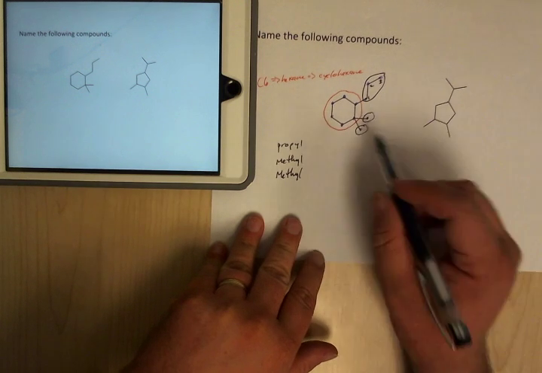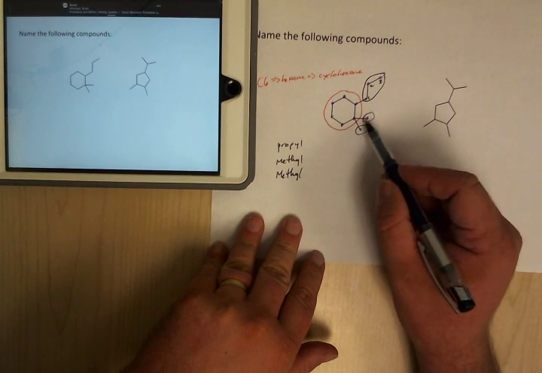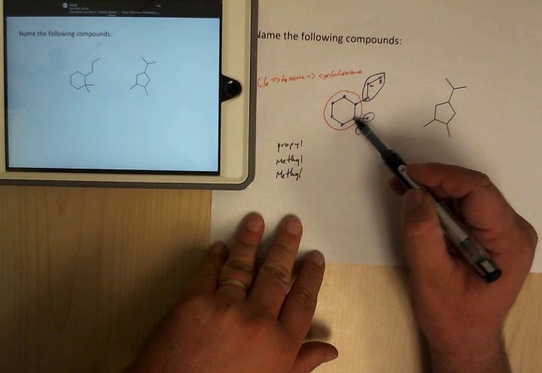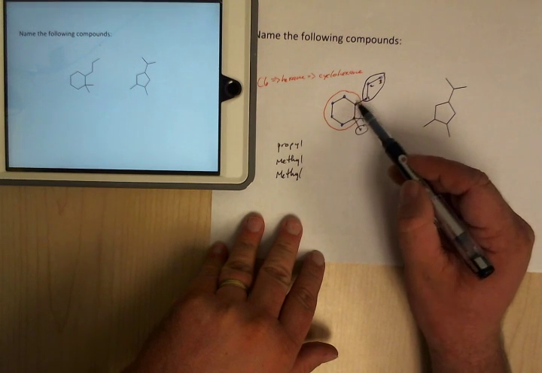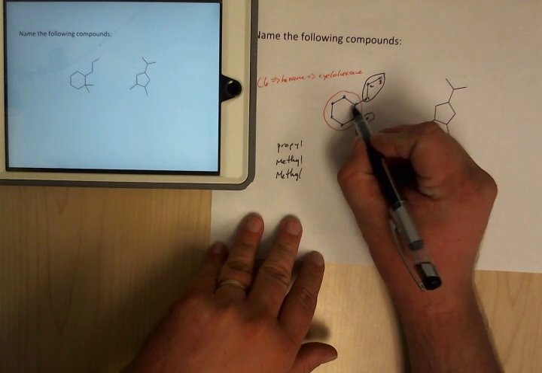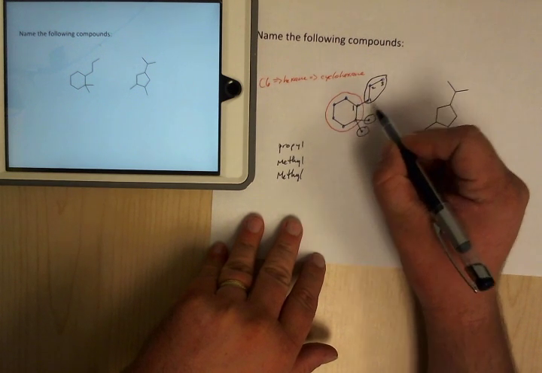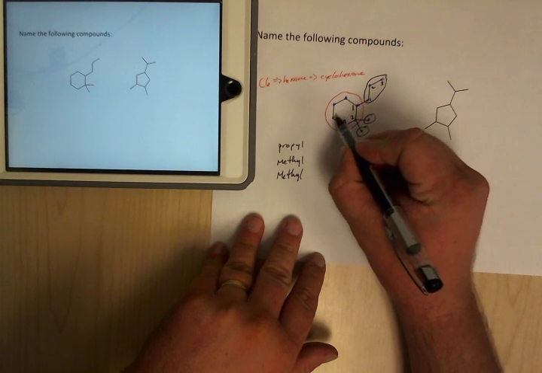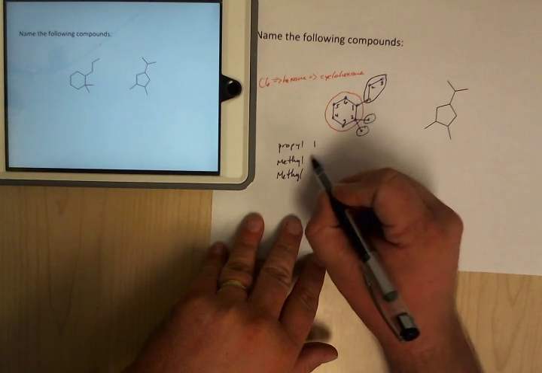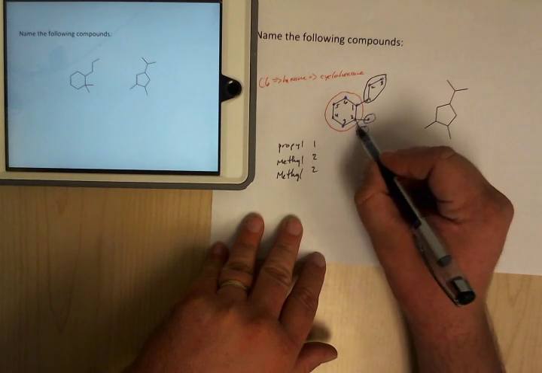So what we'll do is say, wherever there's something attached to the ring, we'll call that carbon 1. If we say this is carbon 1, you go towards the nearest neighbor: 1, 2, 3, 4, 5, 6. So this one is 1, and these are attached both at 2.